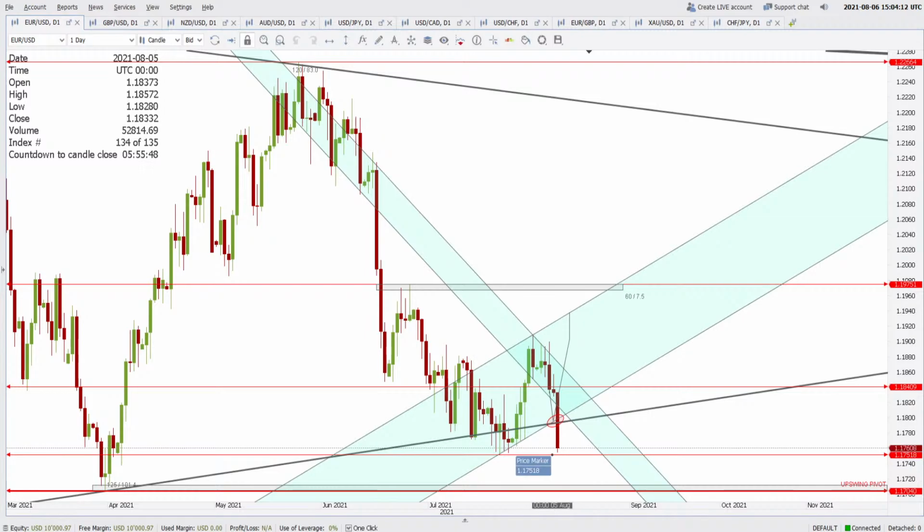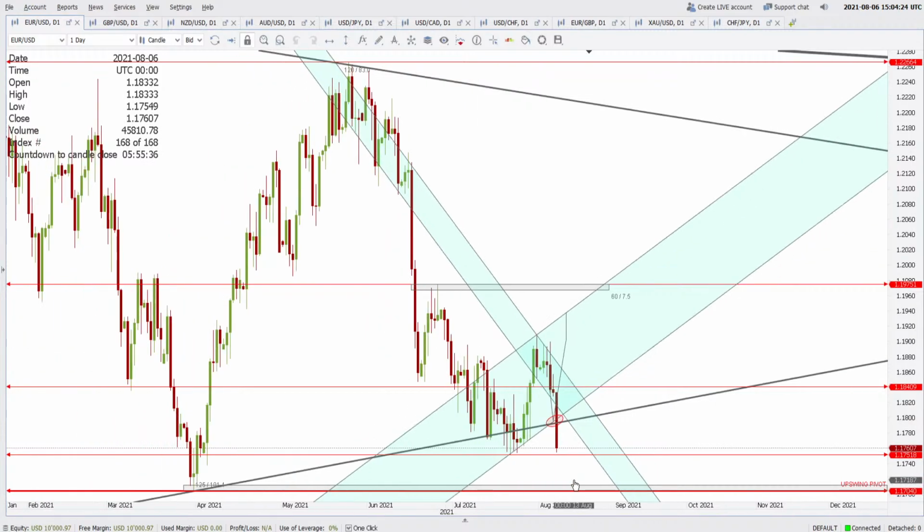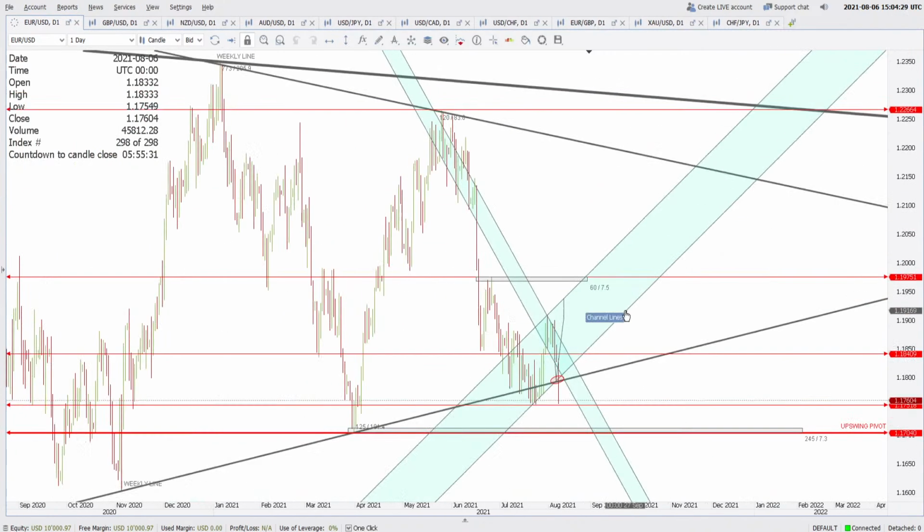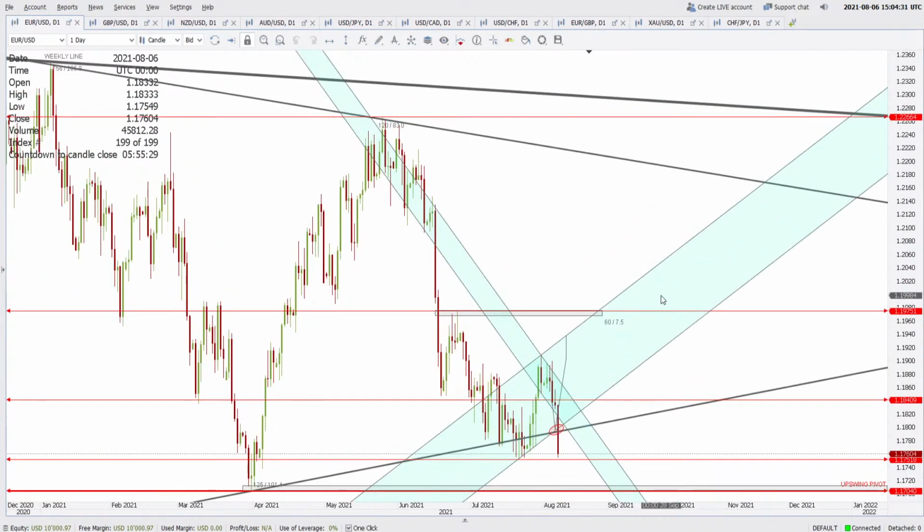So this is a level of support. Of course, we were expecting some support here, but if this is broken and the pair closes a day below this, then 1.1704, which is the weekly upswing pivot, will be exposed, and there we are expecting huge support for the price, and the price may jump from there.